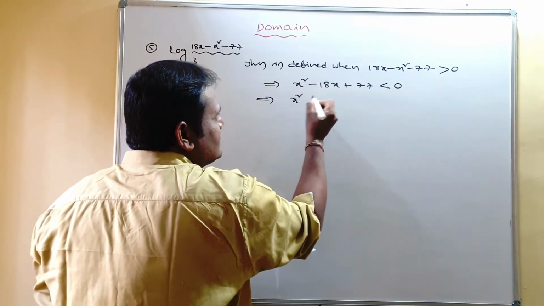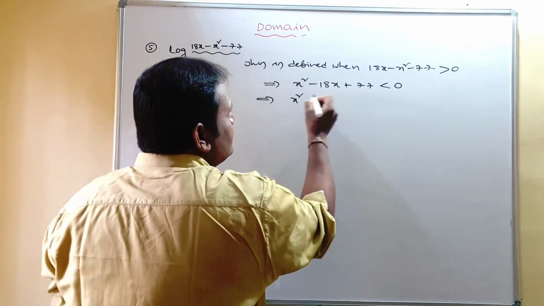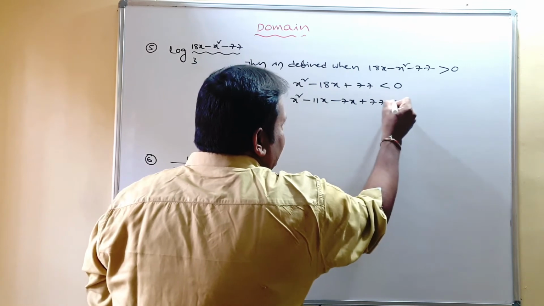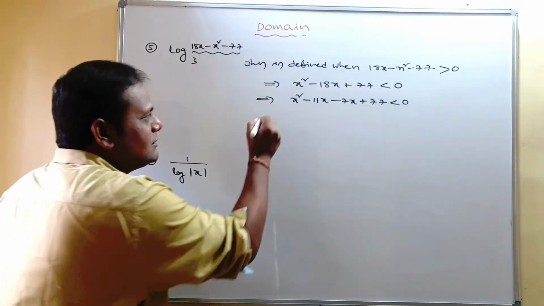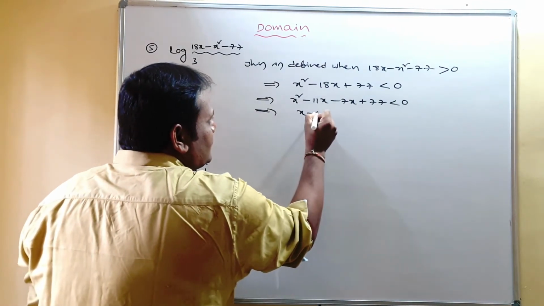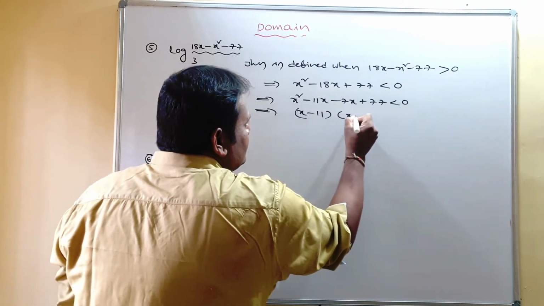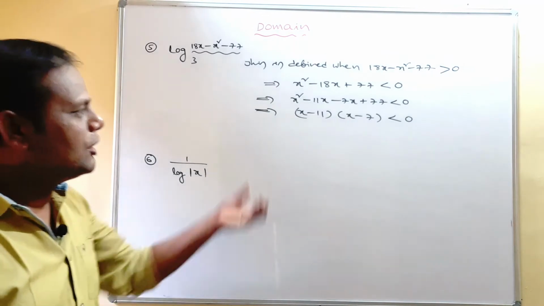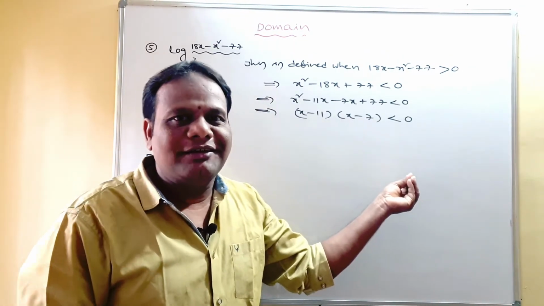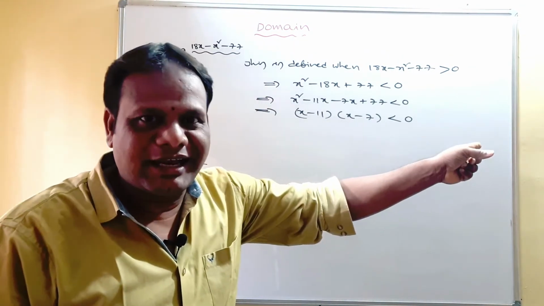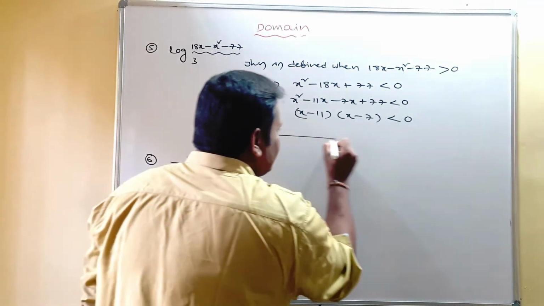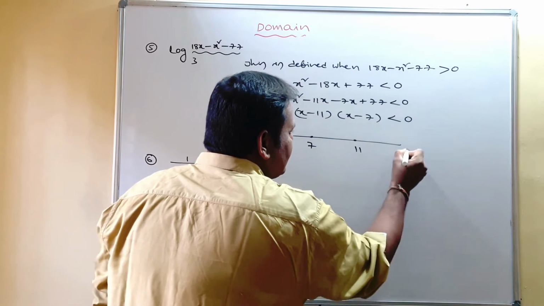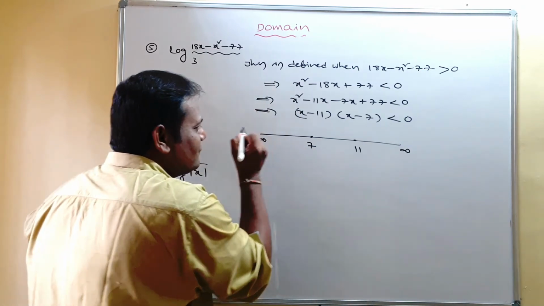Factorization: minus 11x minus 7x plus 77 less than 0. So can I take it as x minus 11 into x minus 7 less than 0? Yes. Now to solve this inequation, we have to use the real line. You take the real line and mark the points 7, 11, infinity, minus infinity.